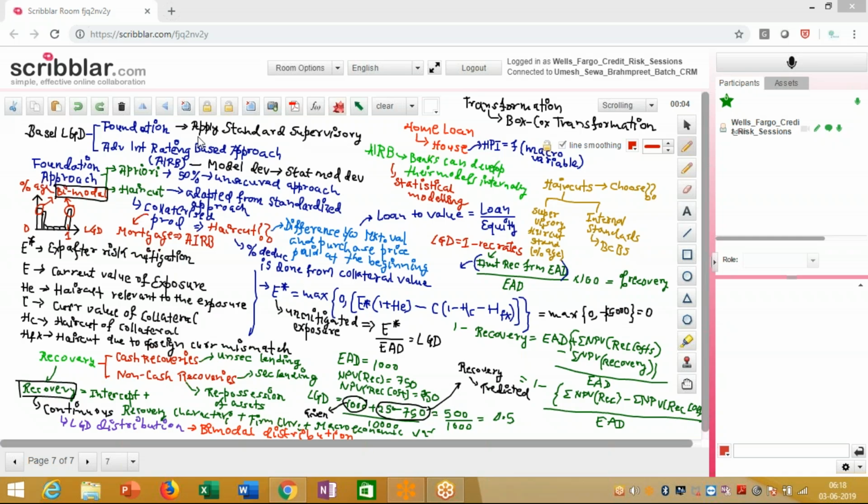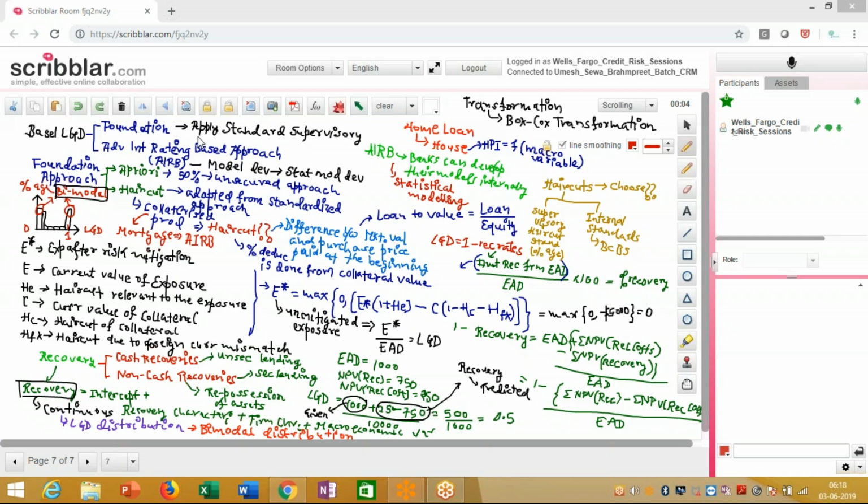For unsecured products, it is mostly the a priori approach which is taken, and you just assign 50% LGD to the unsecured asset under the foundation approach. For standardized collateralized products, we use the haircut approach.